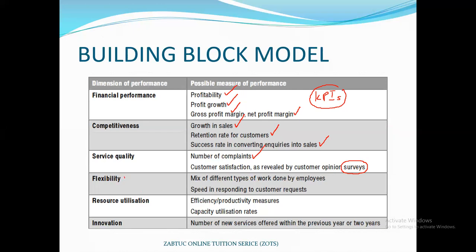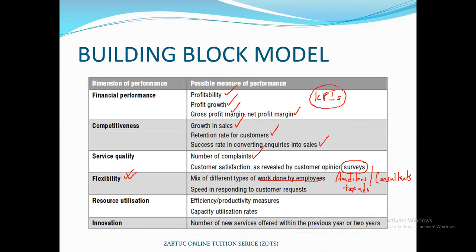Flexibility, are we able to respond quickly and timely to the ever-changing customer needs? Mix of different types of work done by employees. If your employees are multi-skilled, they can work as auditors, they can also work as management consultants, they can work as tax advisors.